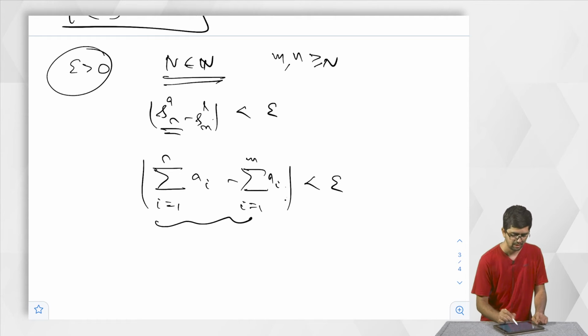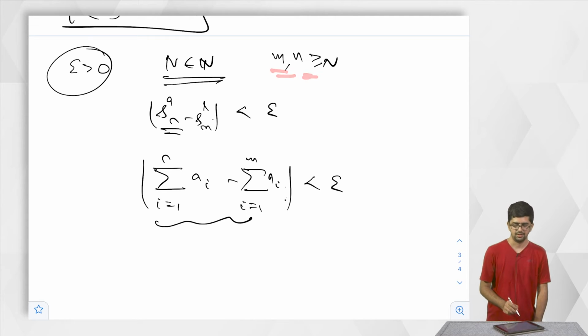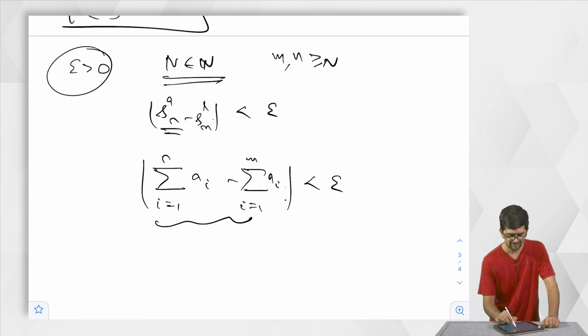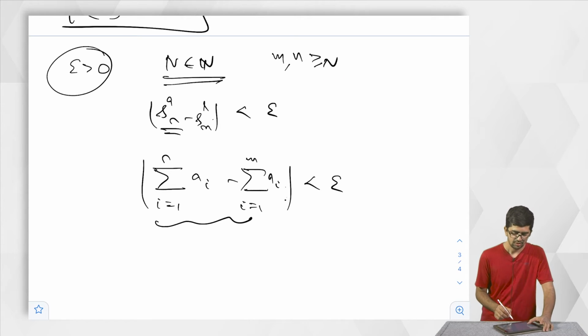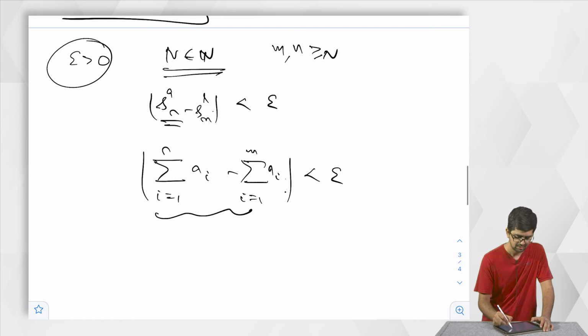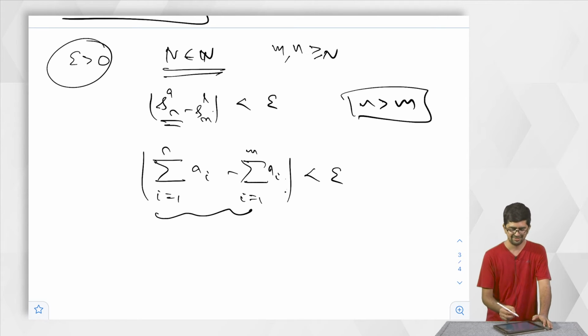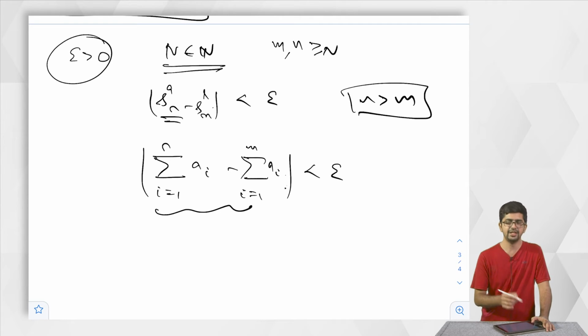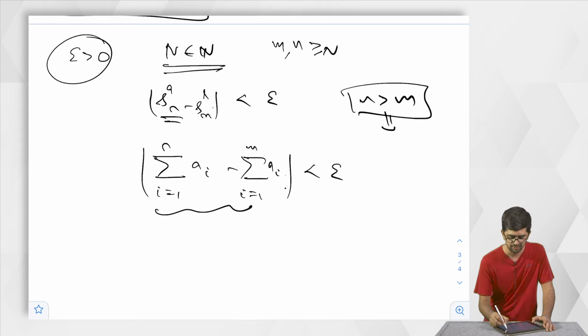Whenever I say m, n greater than N, either m is greater than n or n is greater than m, and both should be greater than this capital N. So I am assuming that n is greater than m. If n is equal to m, then we may not conclude anything. It is true for any n, m, so in particular for n greater than m it should hold.